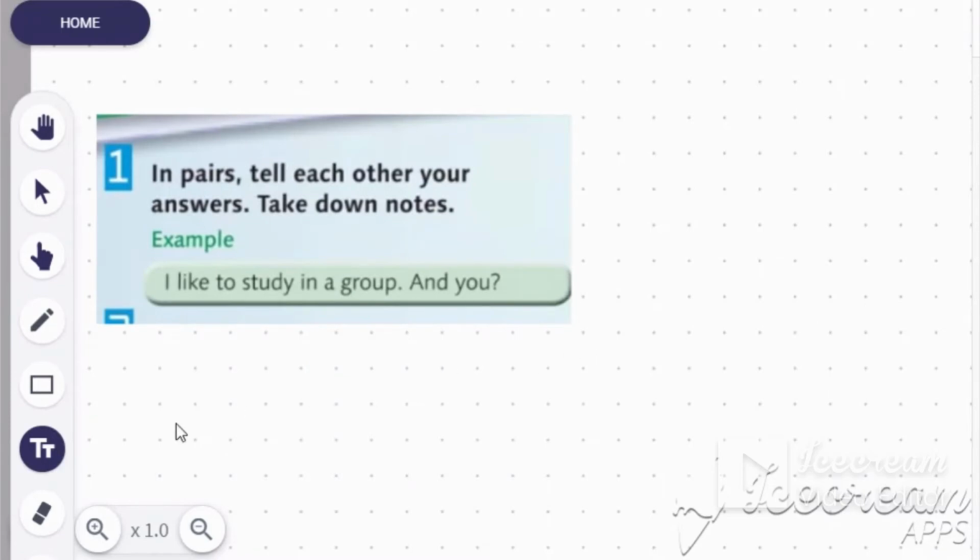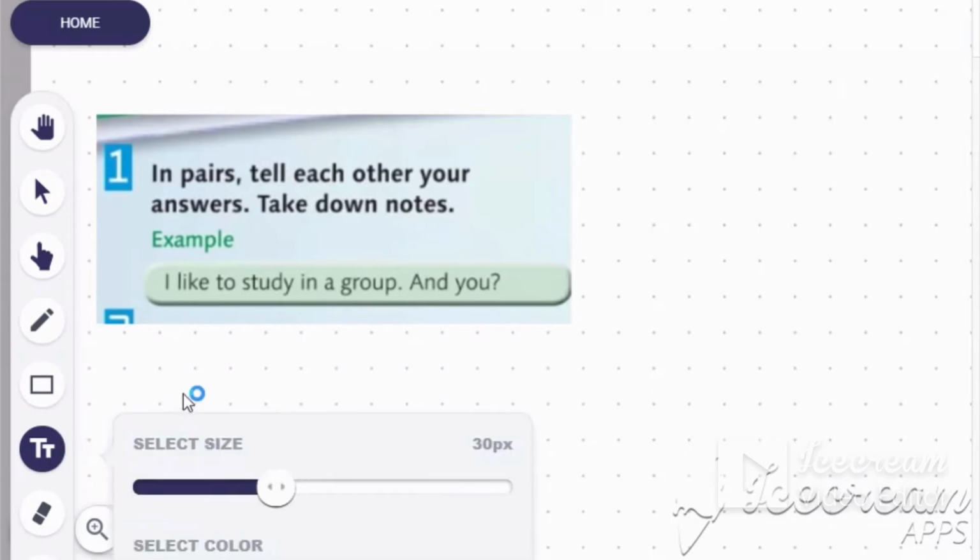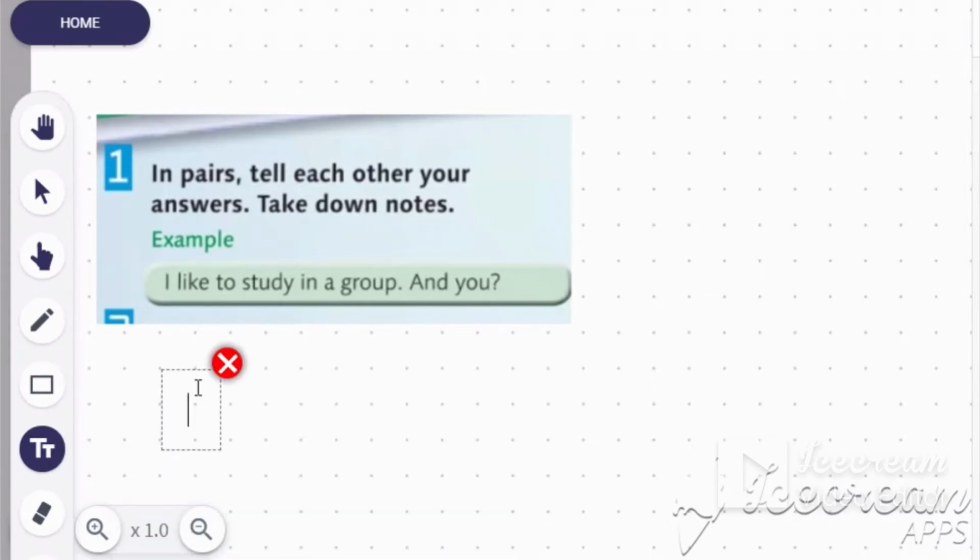Okay, so what's the homework? I will write it for you there. Your homework for this week is writing a sentence.